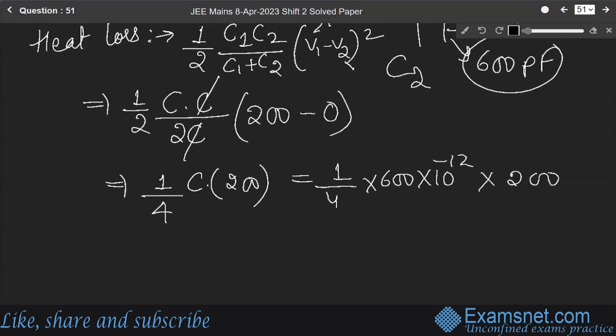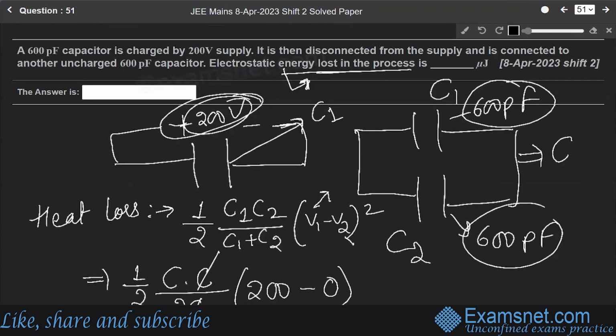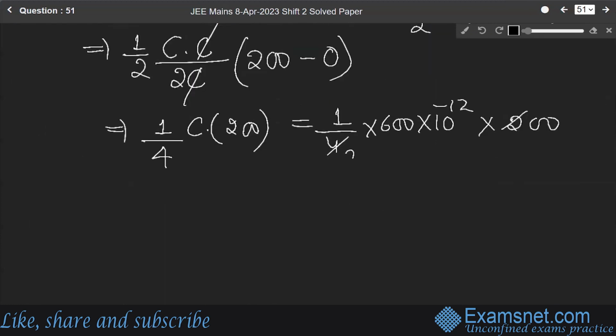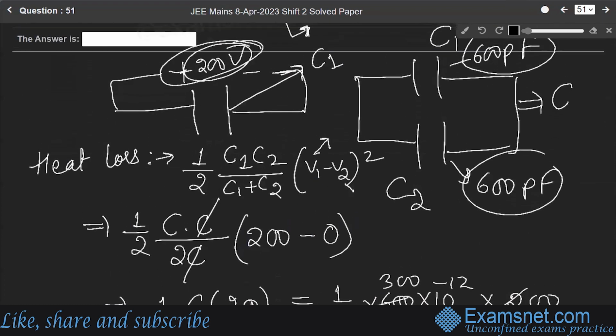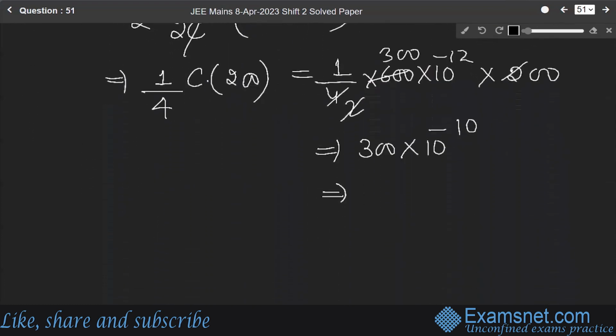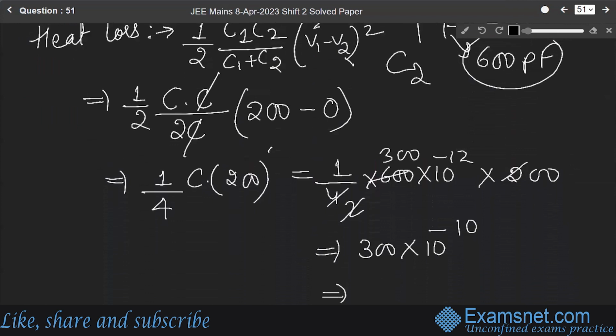Okay. Now solving this, we get 300 into 10 to the power minus 10. C1 plus C2 means 2C. It's a whole square, sorry.